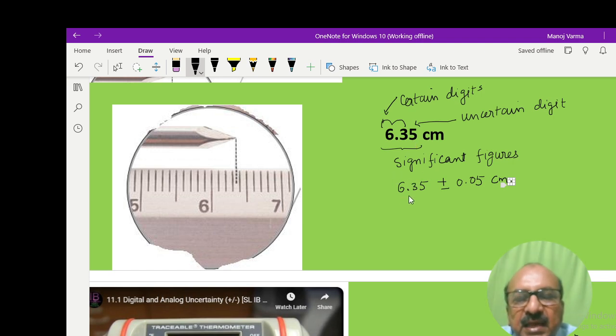Here in this case, the measurement is 6.35 centimeter, which can also be written as 6.35 plus or minus 0.05 centimeter. But if you don't write this, it means that this is the uncertain digit. All right, so this is the concept of the significant figures.